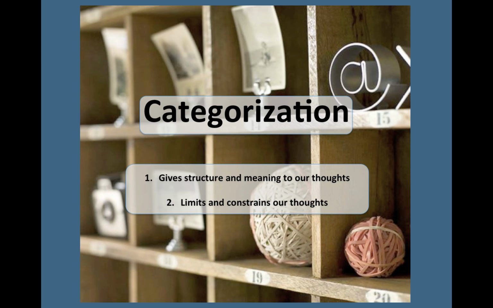We tend to think in what linguists call semantic frames, all sorts of ways in which we organize things in our thinking. But the problem with categorization is that there's the dark side, there's the other side of the coin. It limits and it constrains our thoughts. So a very helpful and useful tool, but at the same time, it has the other side to it.